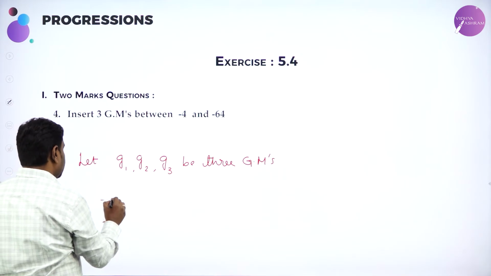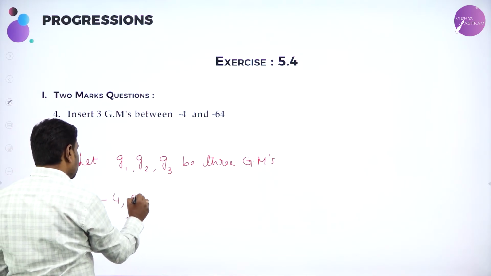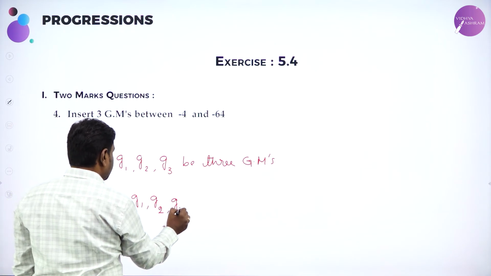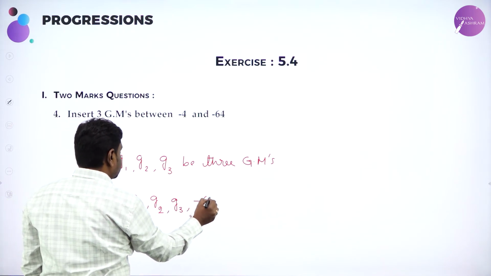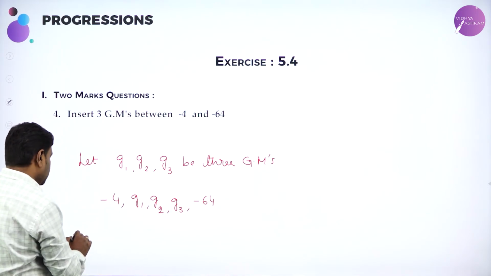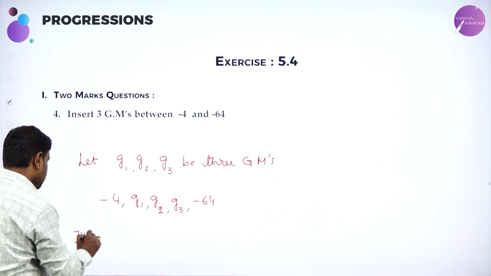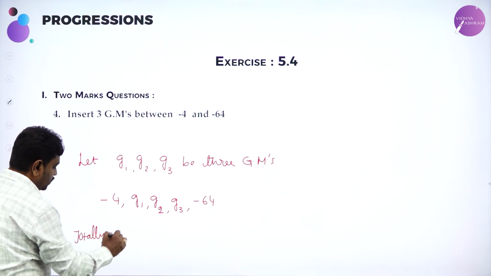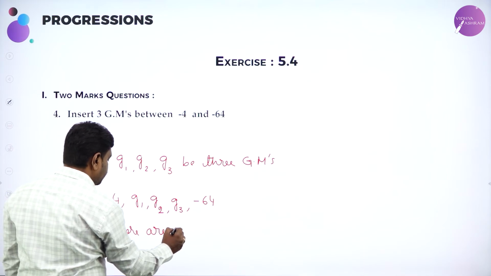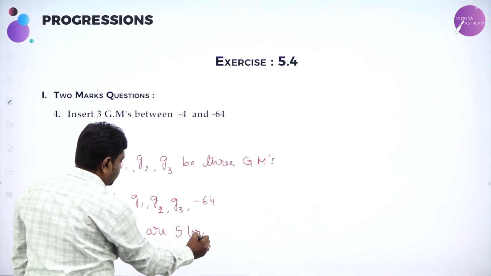Now the sequence will become minus 4, G1, G2, G3, and the last number is minus 64. So 3 in between and the extremes, totally how many terms are there? Totally we have 5 terms.